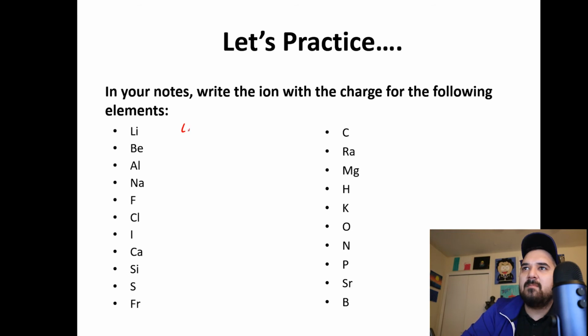So lithium, that's going to be +1. Beryllium, that's going to be +2. Aluminum, that's going to be +3. Sodium is going to be +1. Fluorine is going to be -1. Chlorine is going to be -1. Iodine is -1. And then just go through, finish the rest of these.